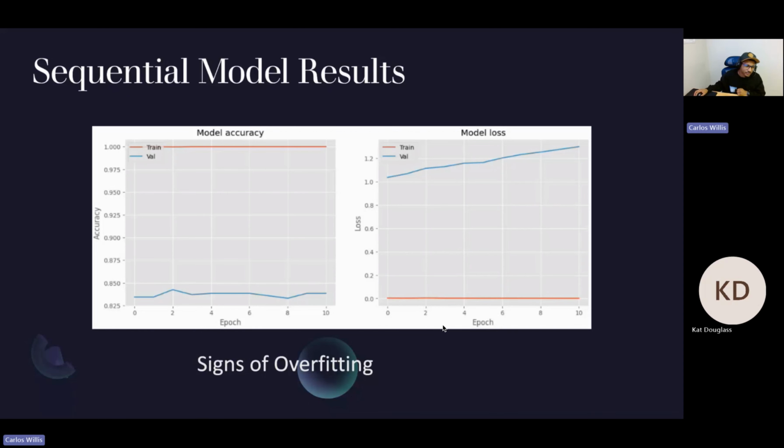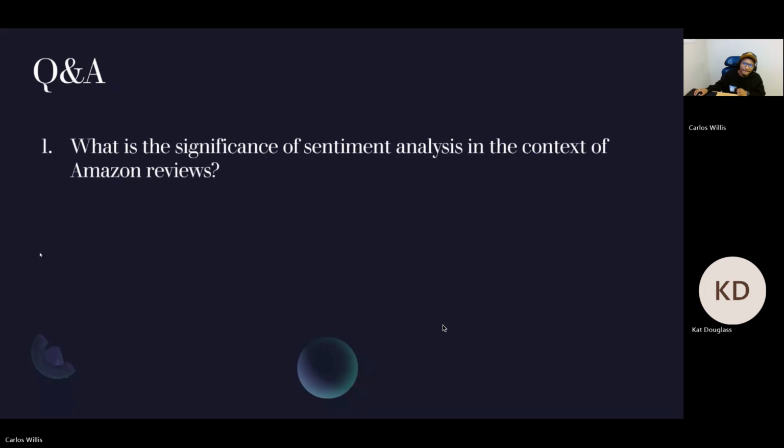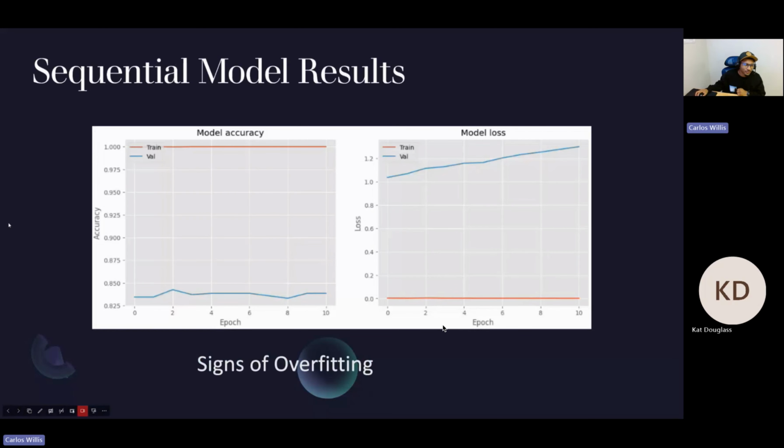So we attempted to improve the sequential model by making some adjustments. Let me go back one slide. The adjustments that we made were that we increased the LSTM complexity, we added a dropout, we used a global max pool 1D, and lastly, we implemented early stopping.